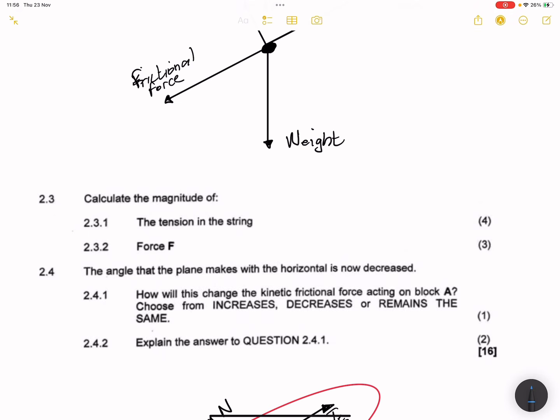Choose increase, decrease, or remain the same. So that will increase the amount of friction that the body experiences. Okay, so 2.4.1, once we decrease the angle, we will increase the amount of friction. So that would be increased there.